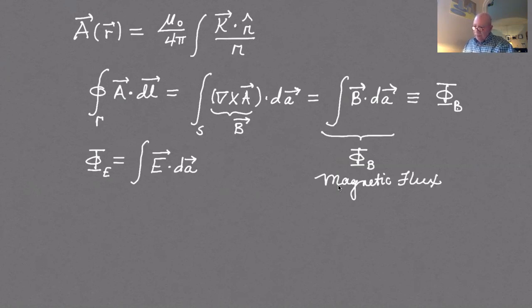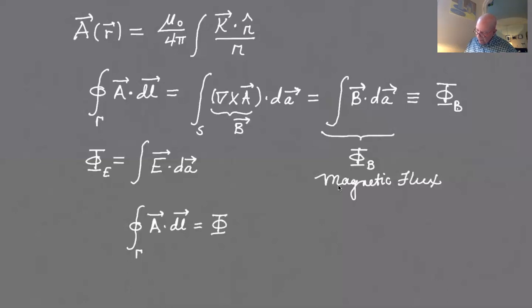So what we have then is that the integral around some closed path, A dot dl, is going to be equal to the magnetic flux.